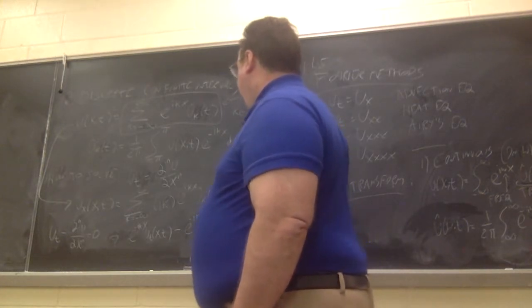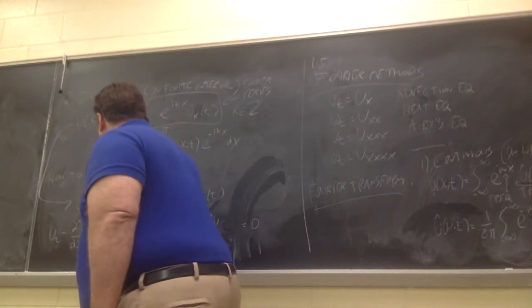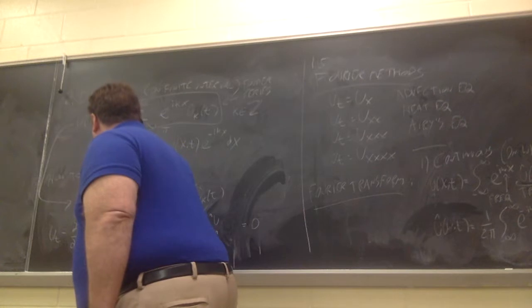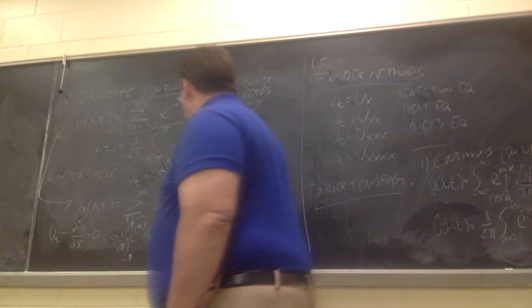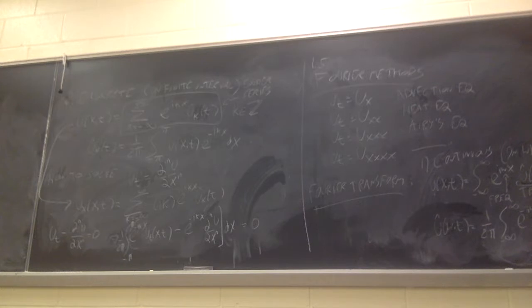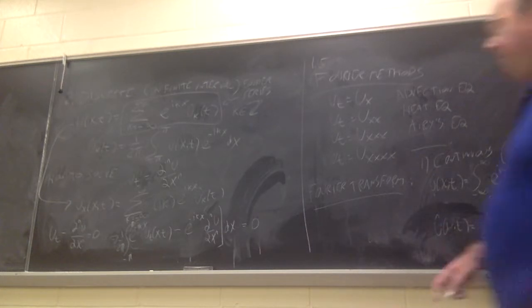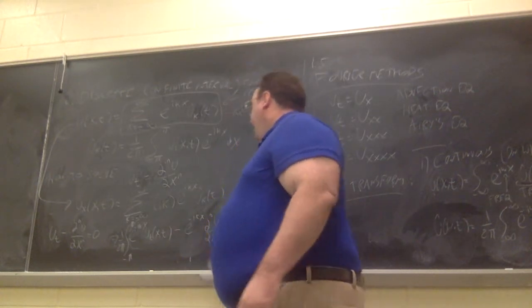Then I'm going to integrate that from minus pi to pi, with the order of 2 pi factor up front. I need the space to put the dx. All right, so the reason I'm doing that is basically I'm taking the Fourier transform of du/dt and also of this nth partial derivative with respect to x.